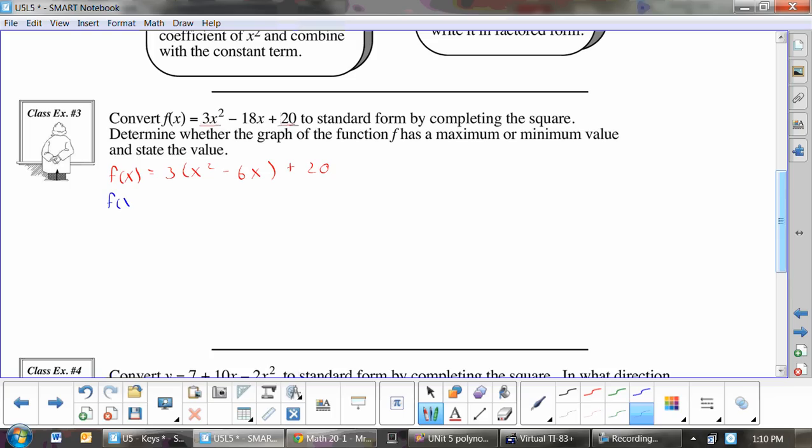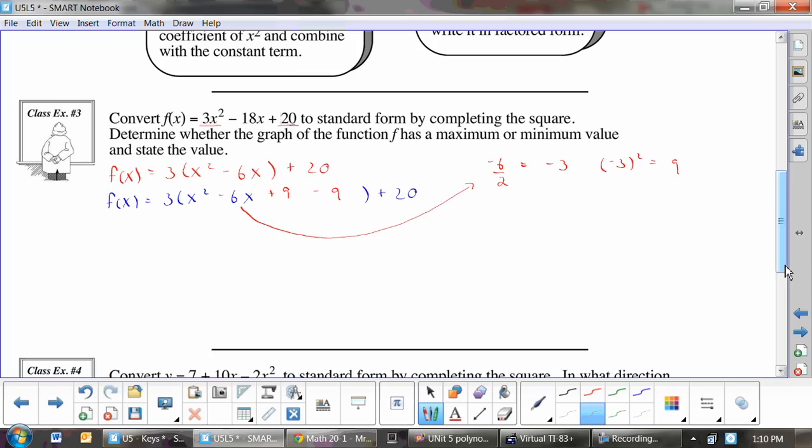We go, okay, f of x is equal to 3, x squared minus 6x. And then we're going to leave some space here, and we'll put our plus 20 there. Okay? And then negative 6x divided by 2 is negative 3. Negative 3 squared is 9, positive 9. Okay? So then we go plus 9 minus 9 inside the brackets.